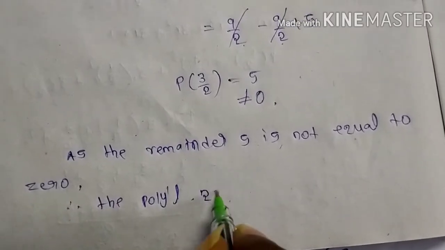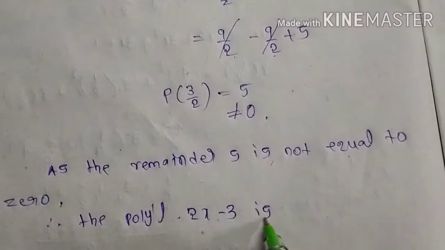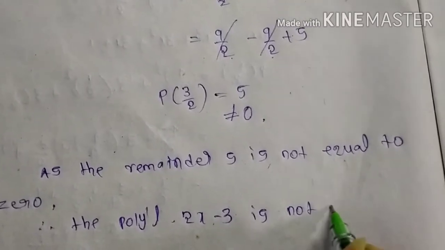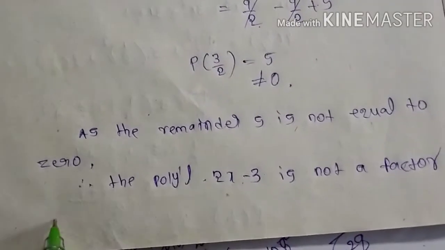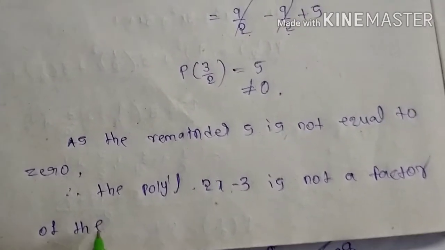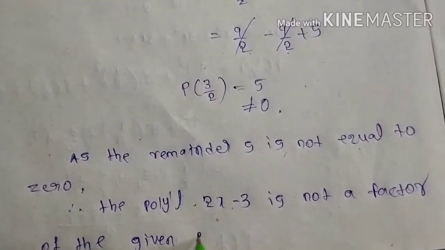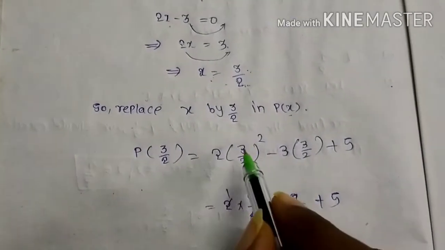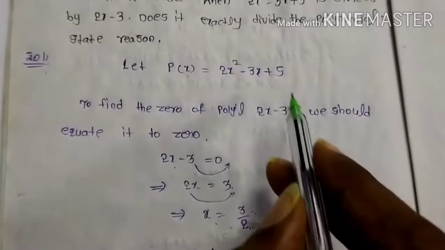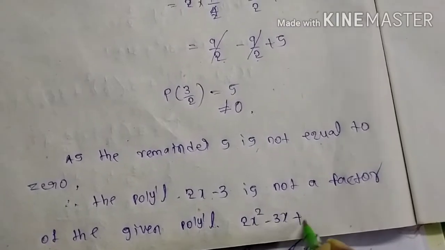The polynomial 2x minus 3 is not a factor of the given polynomial. What is the given polynomial? You can write here 2x square minus 3x plus 5. Yes or no? You can see here 2x square minus 3x plus 5.